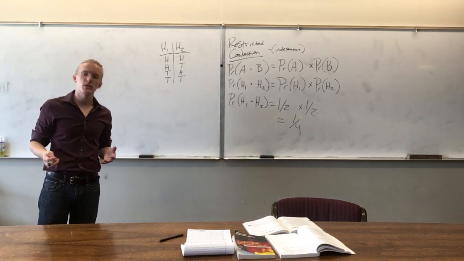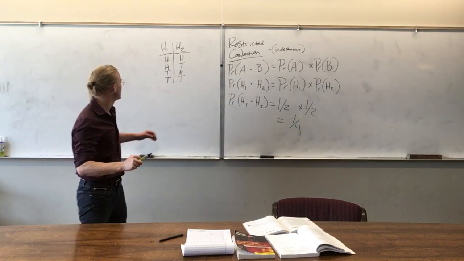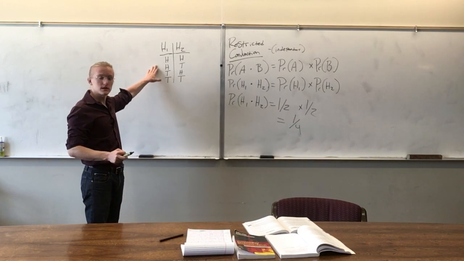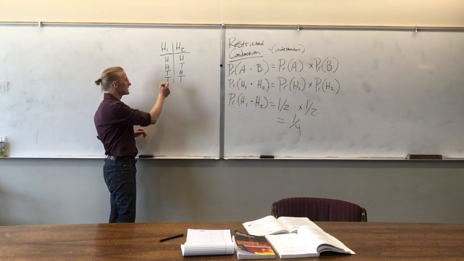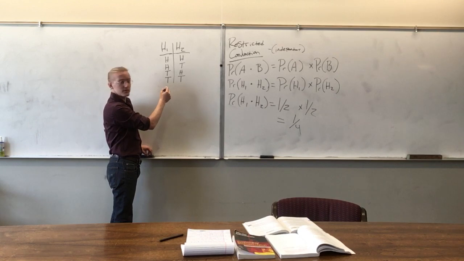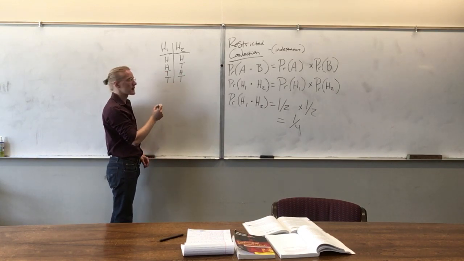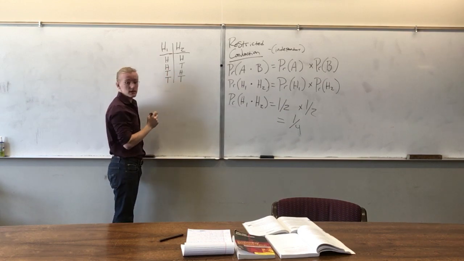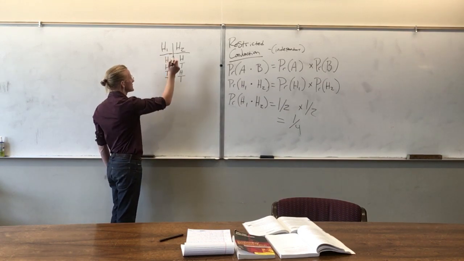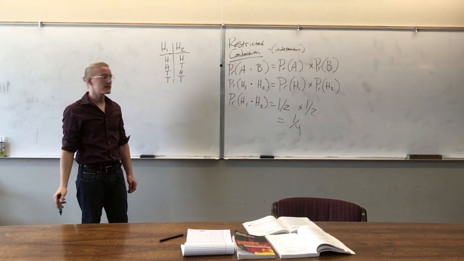Right? This is all of the different possible combinations of 2 different coin flips together. Either you get tails on your first flip and tails on the second flip, or tails on the first flip and heads on the second flip, heads on the first flip and tails on the second flip, or heads on the first flip and heads on the second flip.